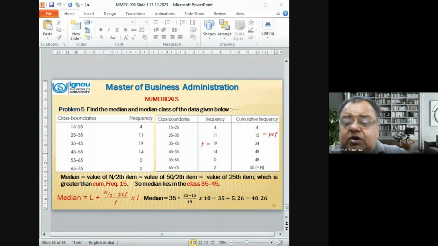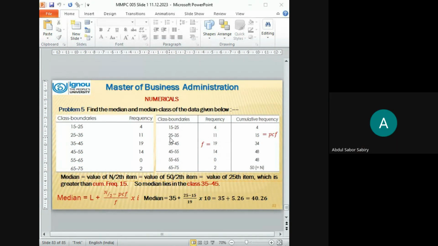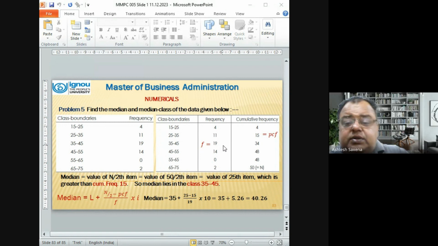And the frequency of the median class is 19, and the class interval is 10.